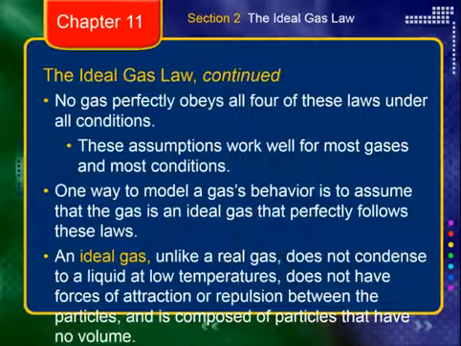It has forces of attraction, forces of repulsion at work, right? And so when a real gas condenses from a gas into a liquid, those intermolecular forces are too strong, and they actually do cause those molecules to clump back together in what we call a liquid. But an ideal gas, since it doesn't have those attractive forces, won't turn into a liquid.